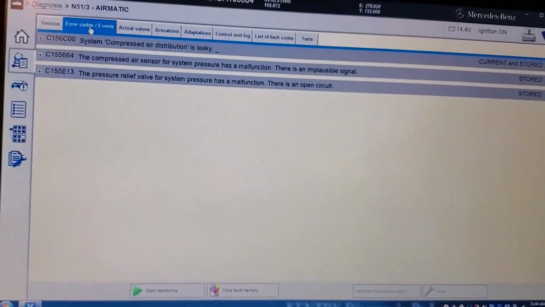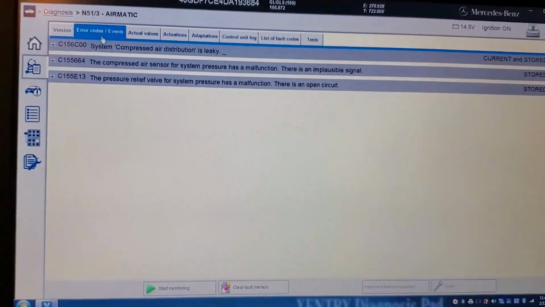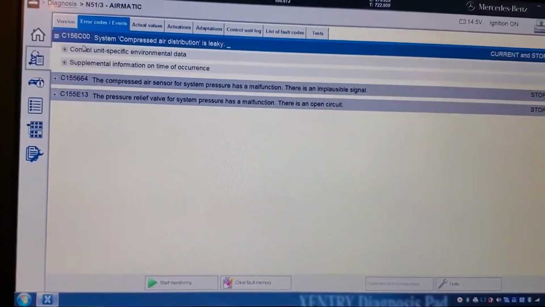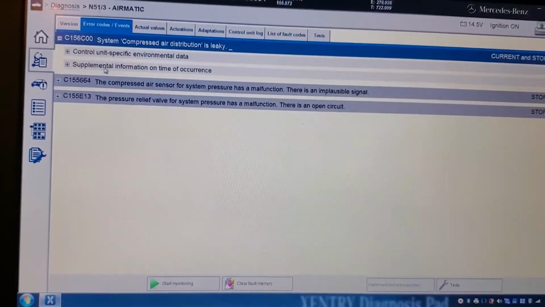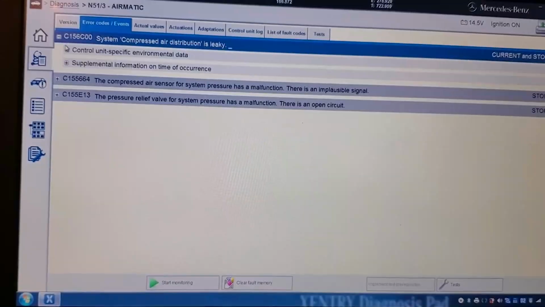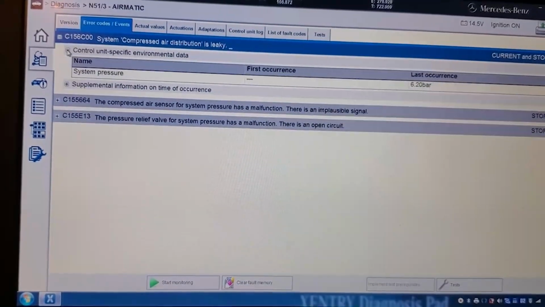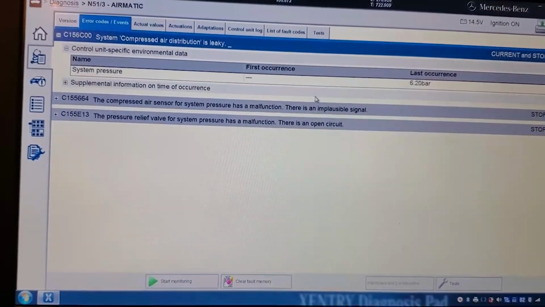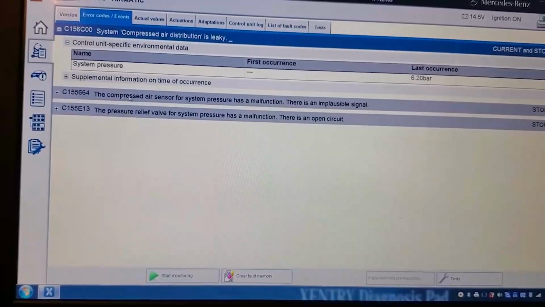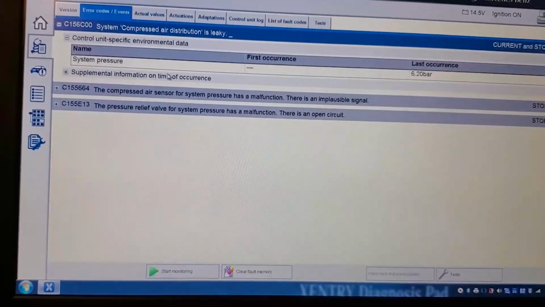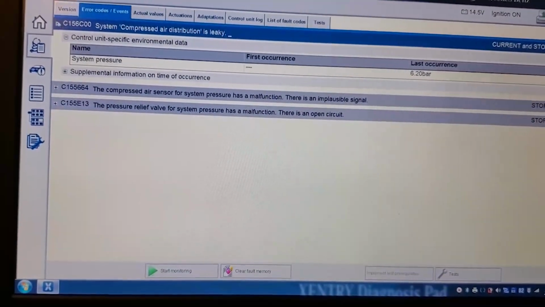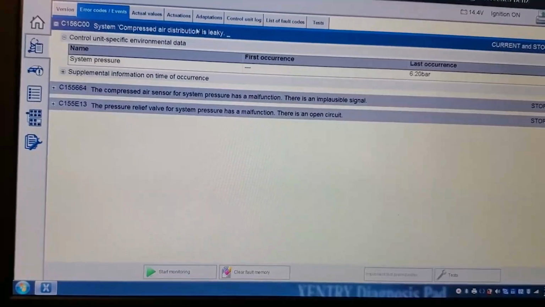Two quotes here, okay? Compressor air descent. It's leaky.